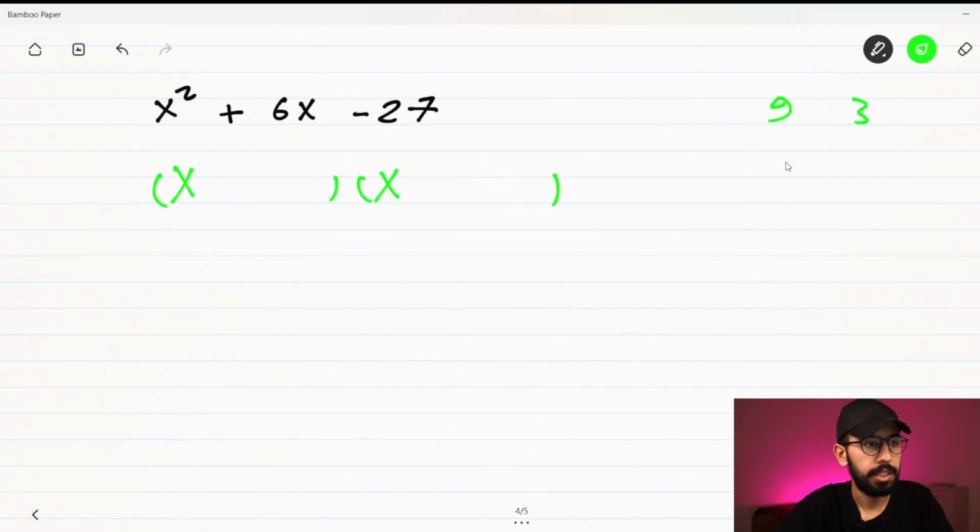What else? 27 and 1. So yeah. But the other thing that we need to look at is that this sign here is negative.